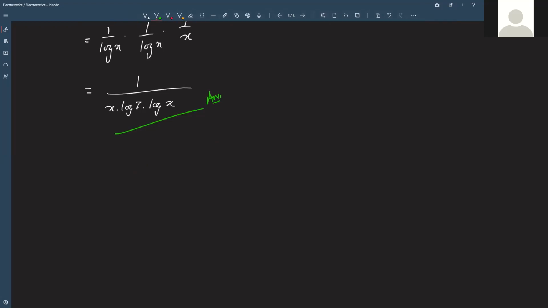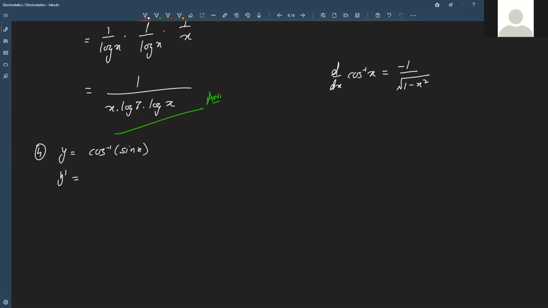Let's try another question. This function is y is equals to cos inverse of sin x. So just now we have seen d by dx of cos inverse x is equals to 1 by root of 1 minus x square, negative. That is minus 1 by root of 1 minus x square. So here it is cos inverse of sin x. So we'll have to apply the chain rule.